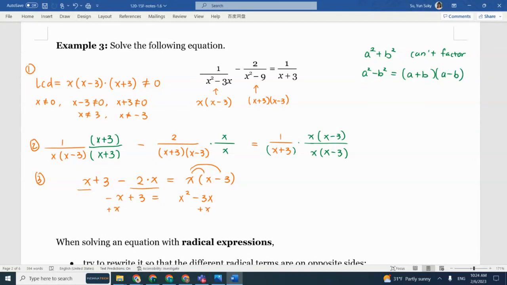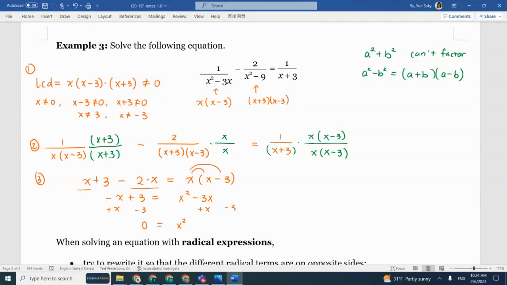How do we move the 3? Both sides, what do we do? Subtract 3. Is that okay? I'm doing 2 things in one step. Is that okay, everybody? Then these cancel, this cancels. We get 0 equals... 0 equals how many x now?